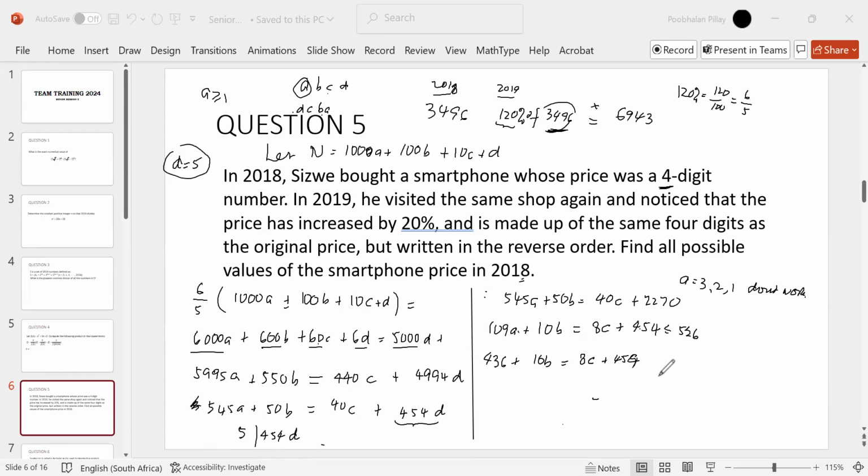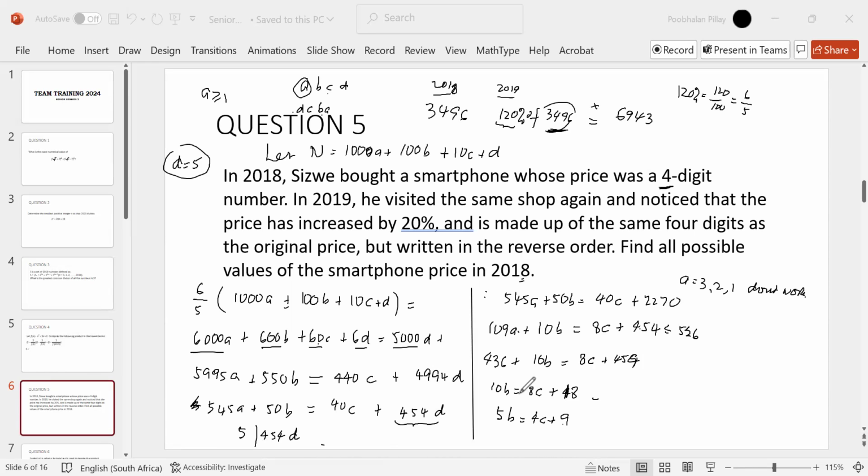So then you can get 10B is equal to 8C plus, let's take the 436 to the other side, 18. And that's a nice small number. 454 minus 436 is 18. So you have 5B is equal to 4C plus 9. Oh, you see, I got such a lovely, simple equation from all these thousands.